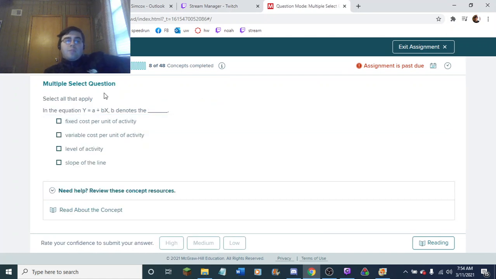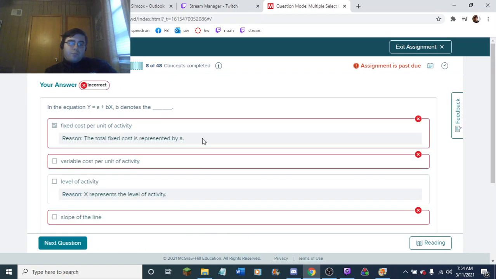Oh crap, I don't know this. Yeah, I didn't read too much about how you represent the equations. Don't know. So it's actually this one and this one. So the B, I know that in algebra, bx plus a, B is the slope of the line.